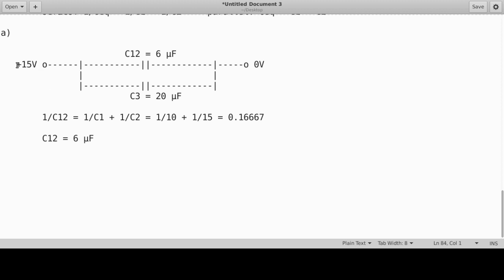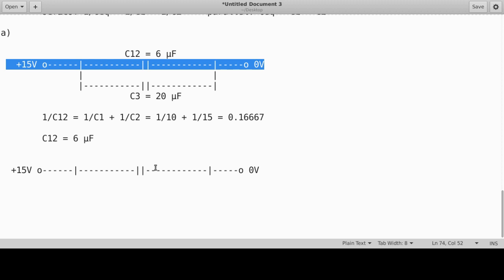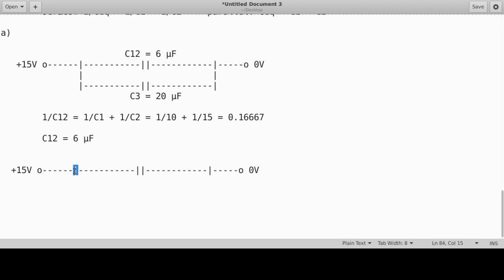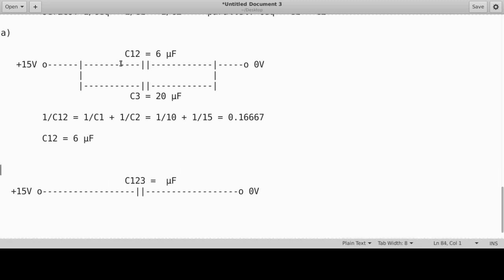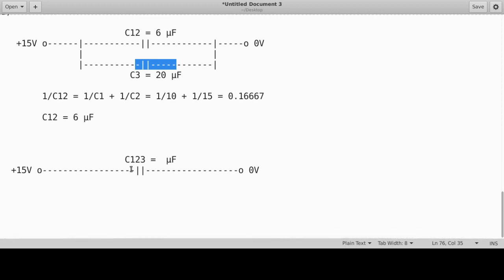And so this whole circuit is going to be reduced to this circuit right here, where this one is C123. It's not equal to 6. I don't know what it's equal to yet, but actually I do, because it's kind of obvious. We're going to take these two in parallel and reduce them to that one. How do you get that one?